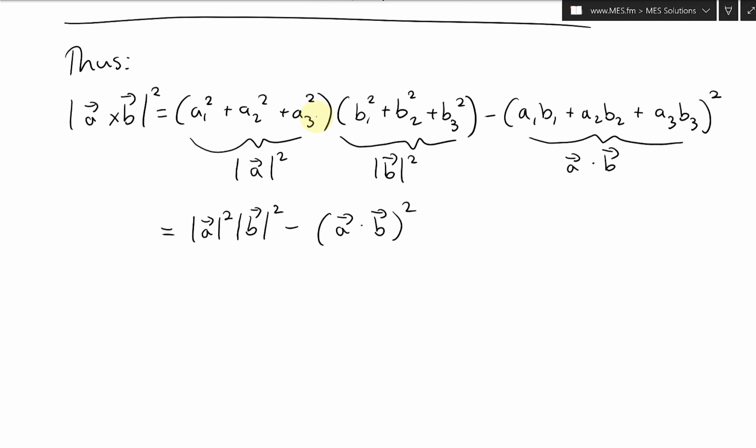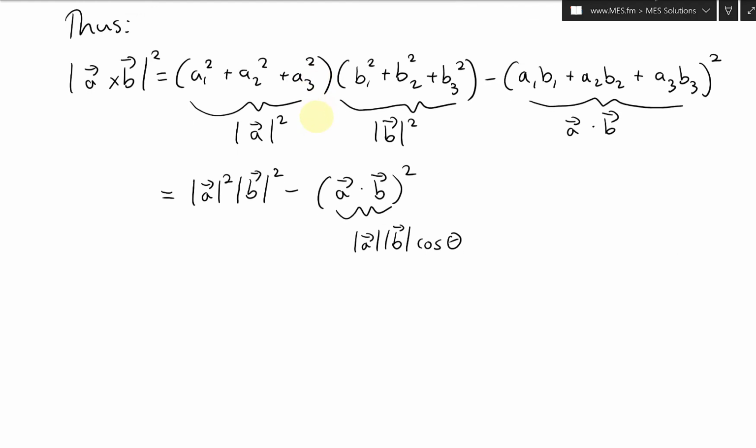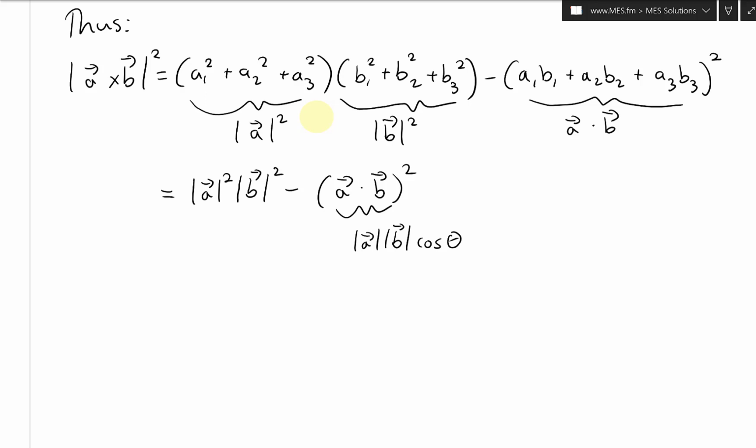And now if you recall the dot product from our earlier video, this dot product is equal to the length of a times the length of b, and then cosine theta. That's just the dot product in trig format, or the geometric interpretation or definition. And then we write this whole setup, and now you're squaring it.